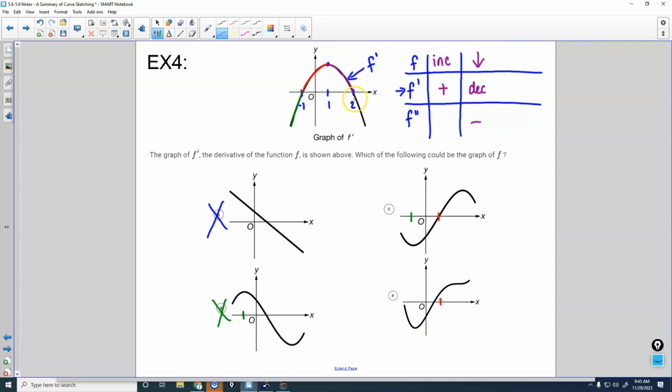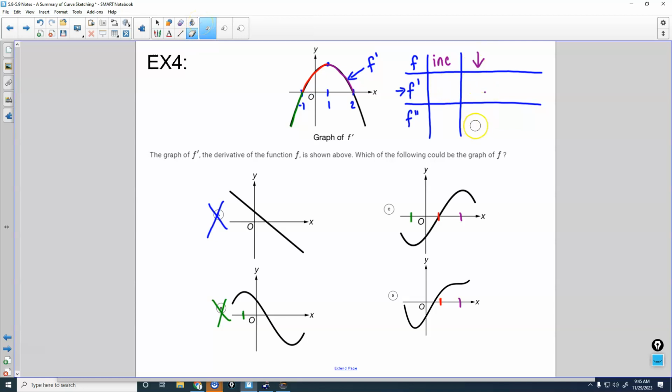So from here to about here, I should be increasing but concave down. Increasing, concave down, that looks right on C. Increasing, concave down, I think it's probably still right on D, or at least it's close enough to not throw it out. So that last little piece is where we're going to have to really tell, because they're pretty similar.